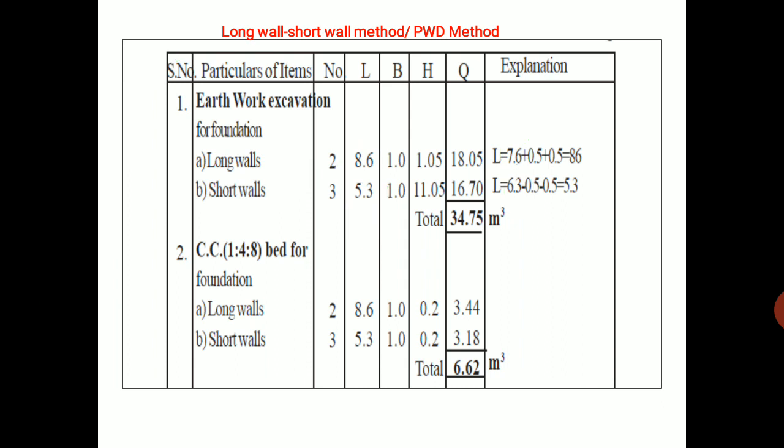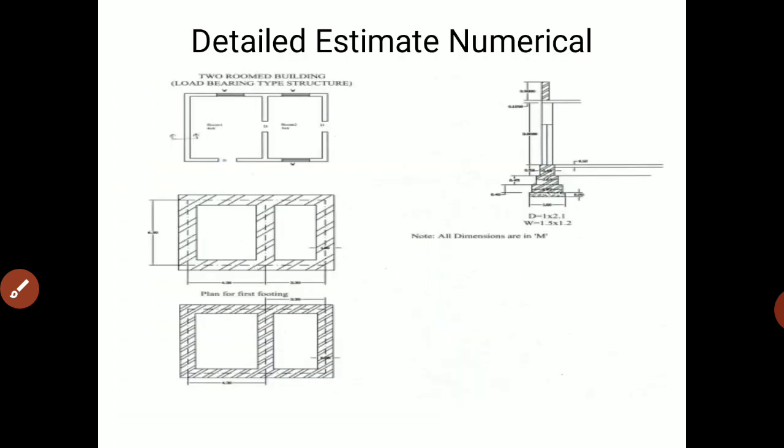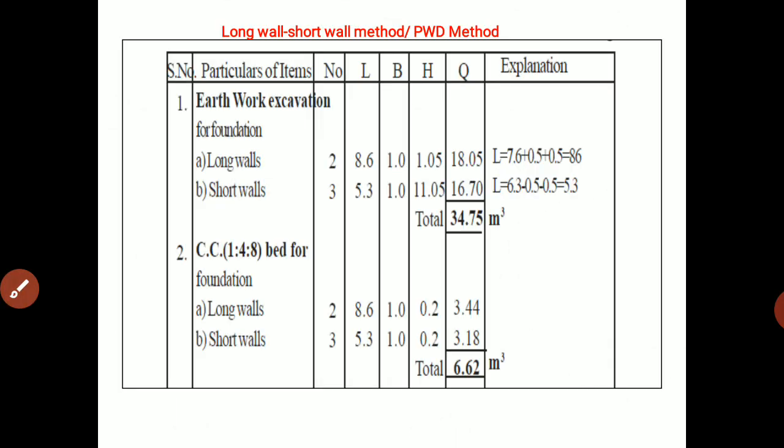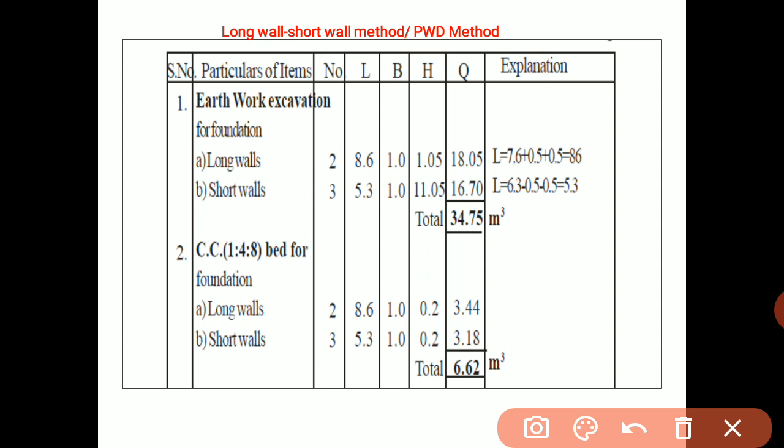What we are going to do here is excavation. So what is the width of excavation? That is 1 meter. So half means 0.5, we get 1 meter. From both sides we'll add half width. So that's why 7.6 plus 0.5 plus 0.5, we get 8.6 meter as the length of the wall.